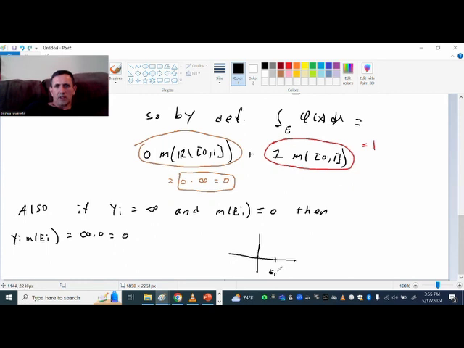So let's say Ei is this point here. It's hard to draw this, of course. I guess that's the only way to draw it, really, just thinking of this as a vertical line, sort of.